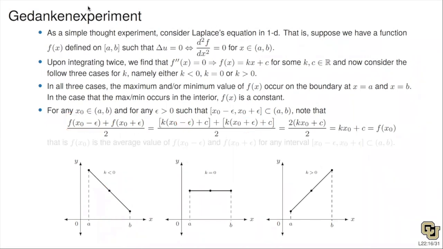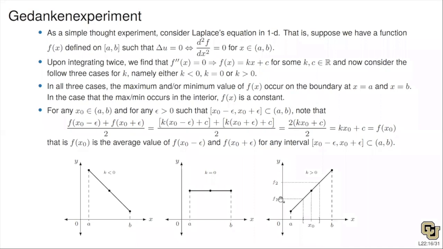So to say it in words here, f of x naught is the average value of the boundary points of any interval that it's contained in, that it's the center of, where that interval is entirely in our original domain. So here I did the picture. There's x naught, and there's your x naught minus epsilon, x naught plus epsilon.